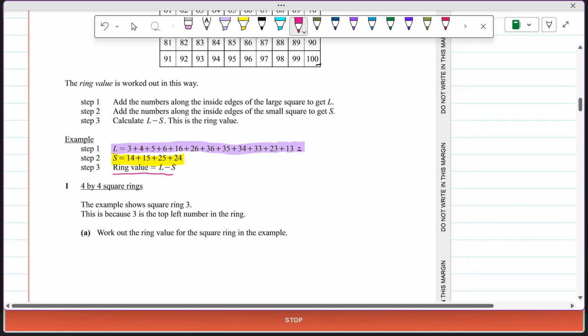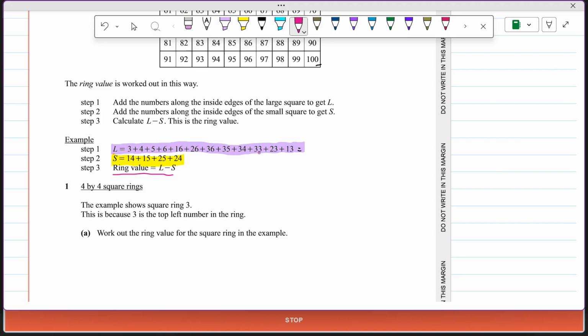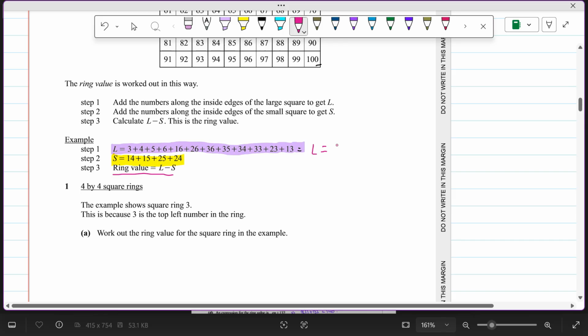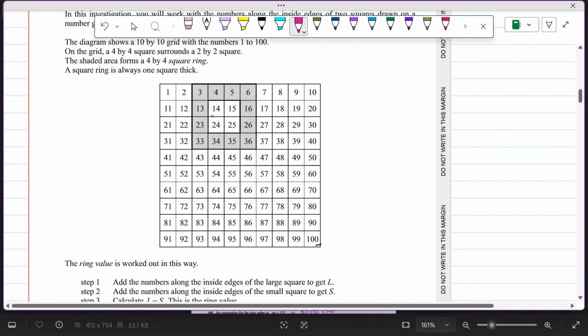When we add 3 plus 4 plus 5 plus 6 plus 16 plus 26 plus 36 plus 35 plus 34 plus 33 plus 23 plus 13, it equals L, and this is 234. So L is the sum of the values of the shaded, larger square.